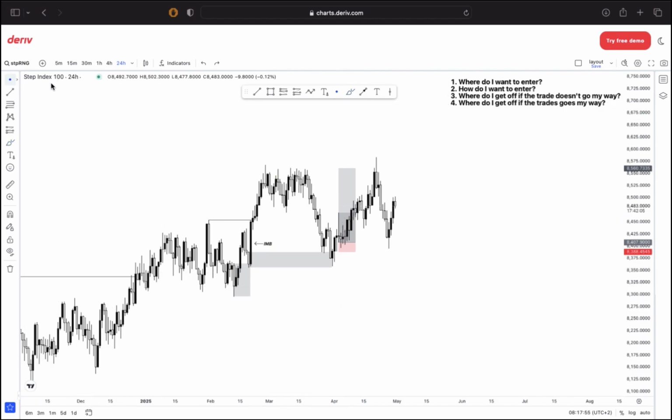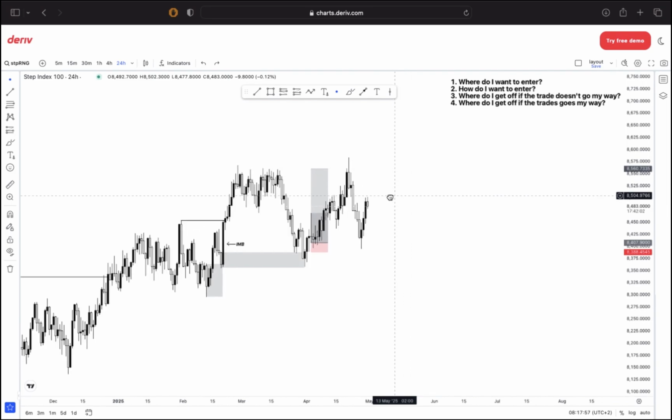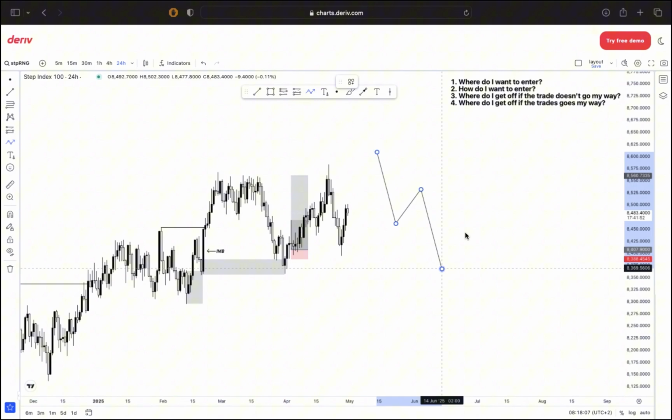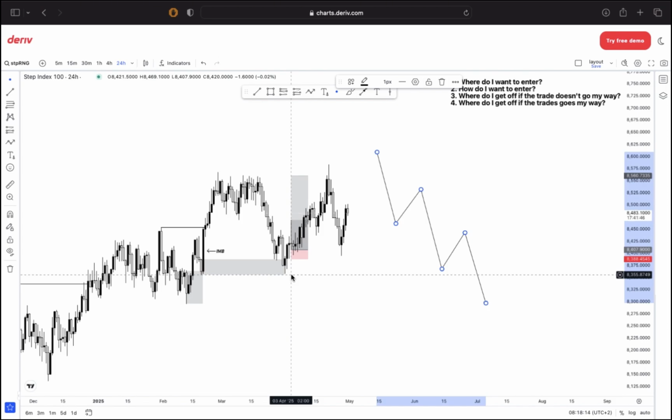So we already know that each and every time whenever price is pushing down around this area here, we can work with the assumption that price would be creating those nice lower lows and lower highs, right? When price will be trading into the point of interest.